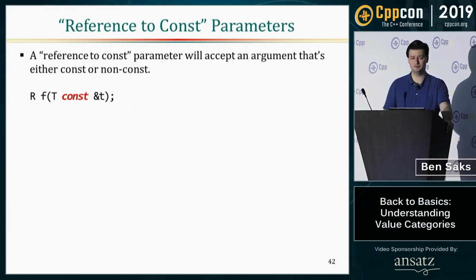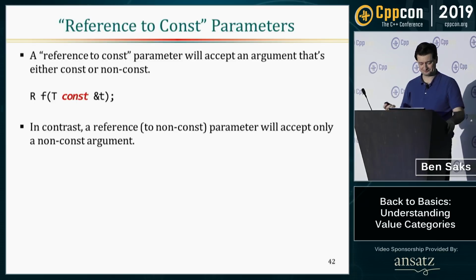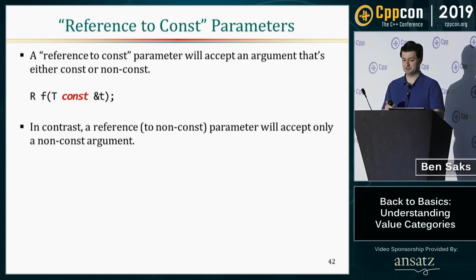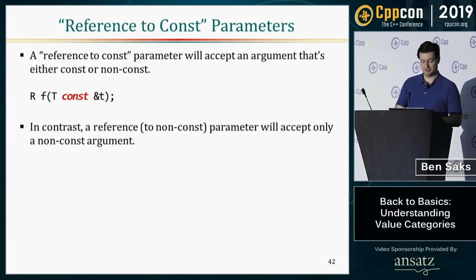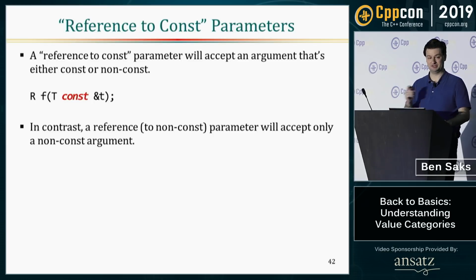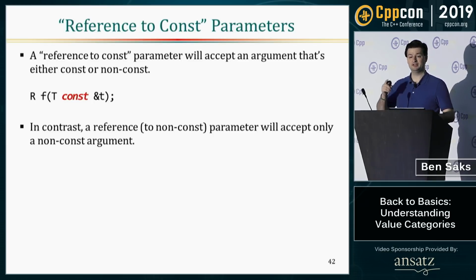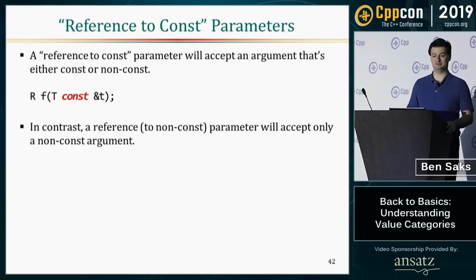Okay, so we can also have parameters that are references to const. And references to const will bind to objects that are either const or non-const. References to non-const objects will only bind to modifiable, non-const objects.